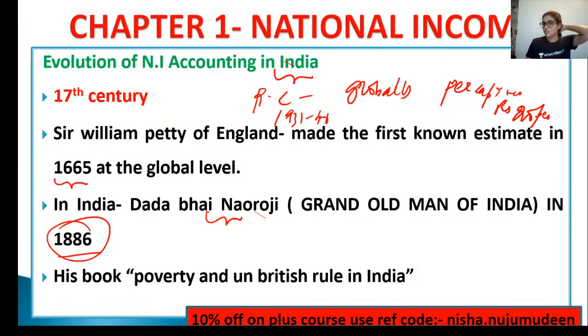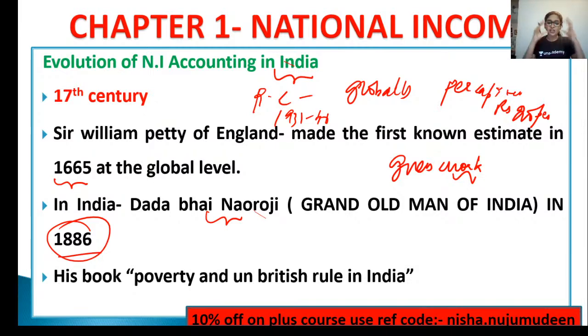But what about the other sectors? We have industry as well as the tertiary sector. They did not include them. They actually did guesswork. So a factor of guesswork was brought in, and automatically the figures were literally wrong. This was the biggest drawback of the estimation of national income before independence.